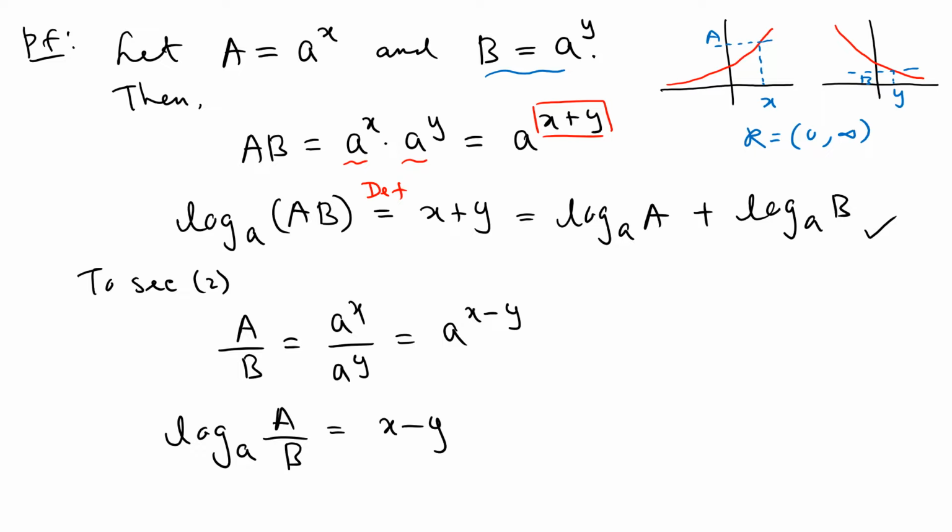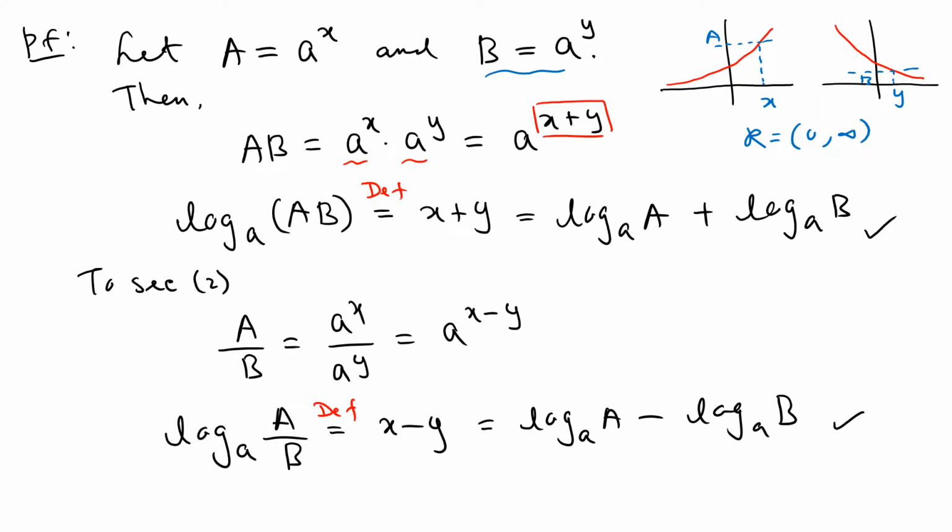That's just the definition of the log. So as before, that is log base a of a minus log base a of b. So that is the proof of the second. It's a very simple proof.